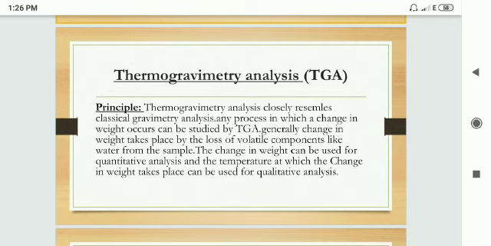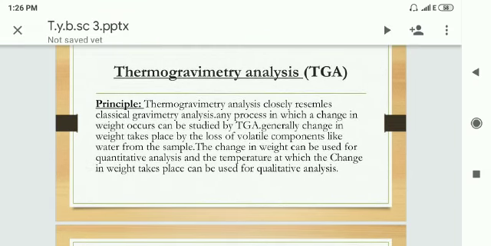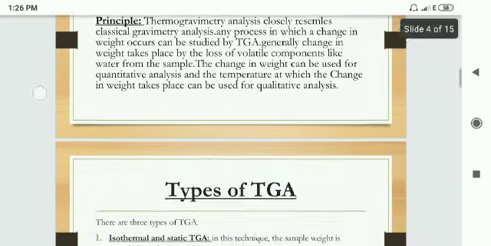Generally, the change in weight takes place by loss of a volatile component like water from the sample. The change in weight can be used for quantitative analysis, and the temperature at which the change in weight takes place can be used for qualitative analysis.